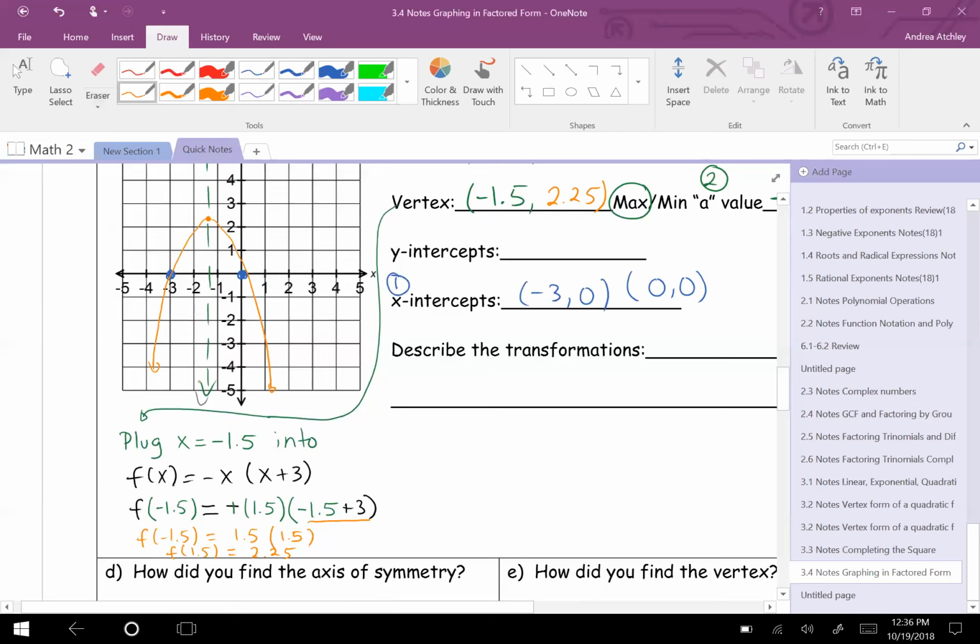Any questions over that? Then it does ask for my y-intercept. And where does it cross the y-axis? At 0. So 0, 0 is also one of my y-intercepts.